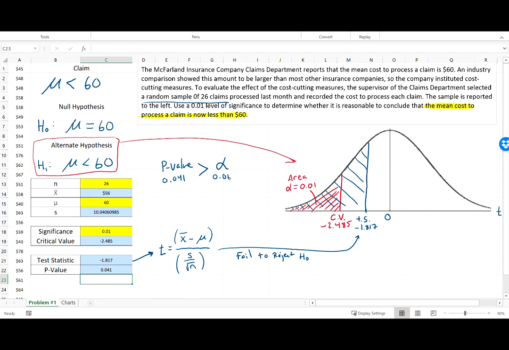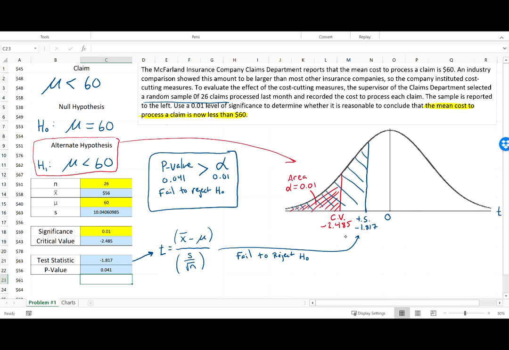And so that also tells us fail to reject the null hypothesis. So this is the p-value method. Over here is the traditional method. Always these two methods give you the same result. If one method says fail to reject, the other one is going to say fail to reject, and vice versa.